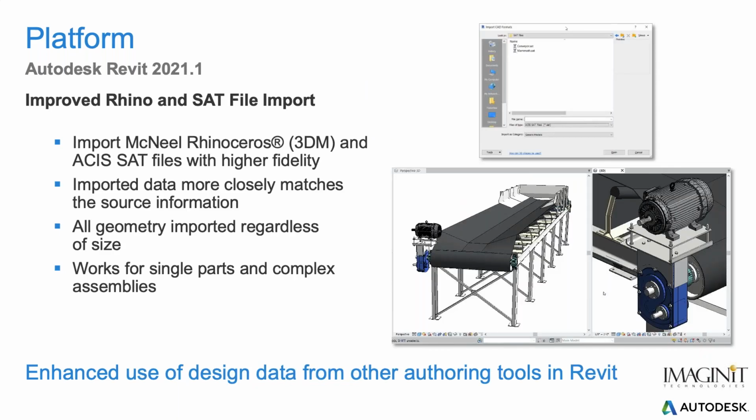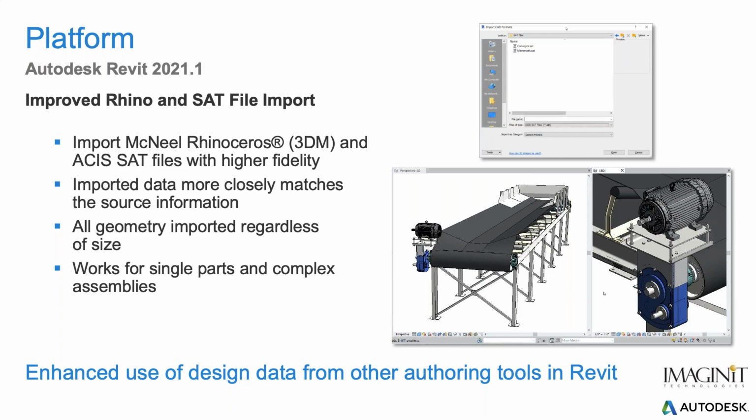Another big change is improved Rhino and SAT file import. So if any of you guys have any models that you get that are from Rhino or maybe Inventor, there is now an optimized way of importing these. So it's going to import with a little bit higher fidelity.